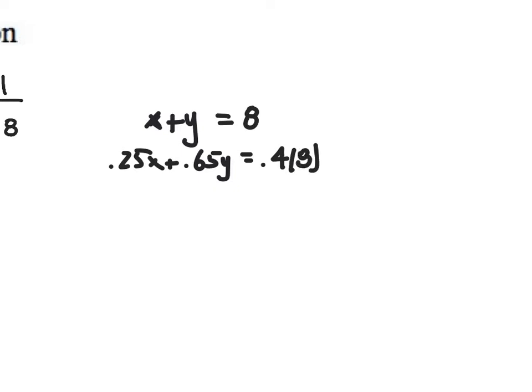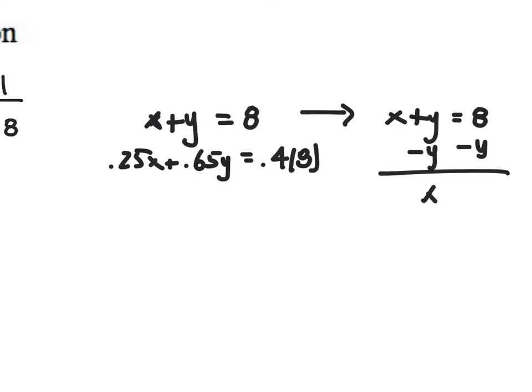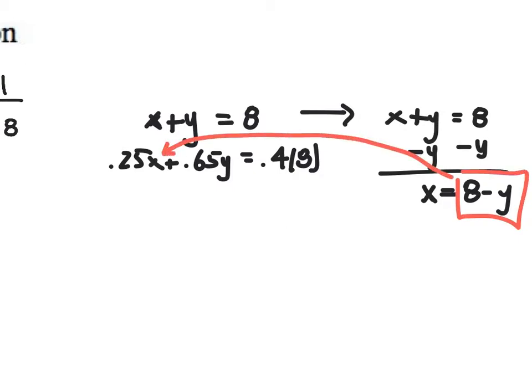Okay, so now what I want to do, just like substitution, is rewrite this equation over here. I'm going to do x plus y is equal to 8. All right, I'm going to go ahead and subtract y from both sides. So I'm going to get x is equal to 8 minus y. All right, now I want to take this again and substitute it in for x of my other equation.